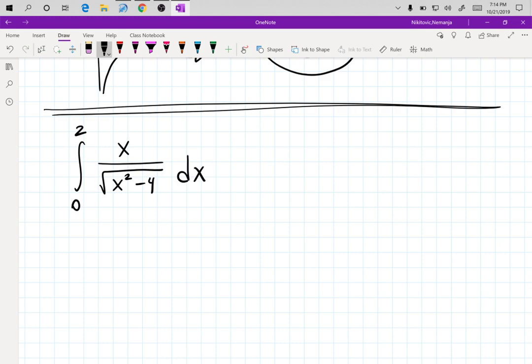Great, so now that we took care of that, what integration technique am I going to use? You can use trig sub, but do you really need to use a sledgehammer for a little nail?